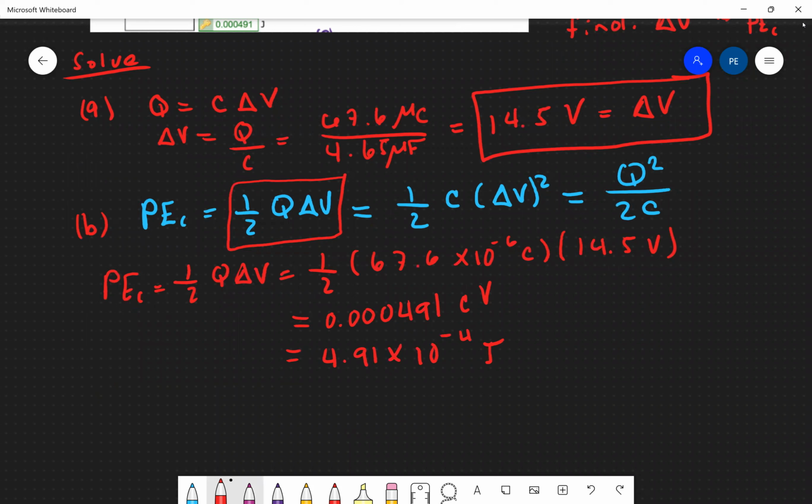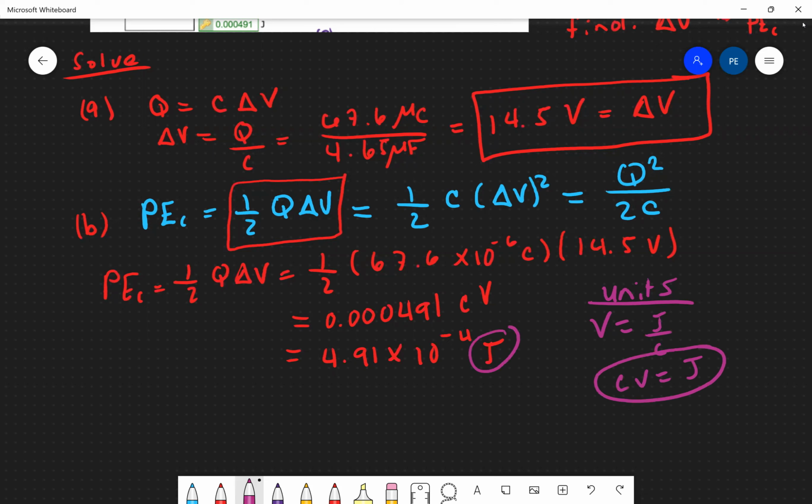Remember, when we talk about units, the volt is equal to a joule per coulomb. So a coulomb times a volt is equal to a joule, which is why we got these units here.